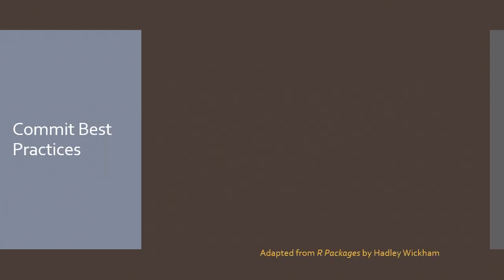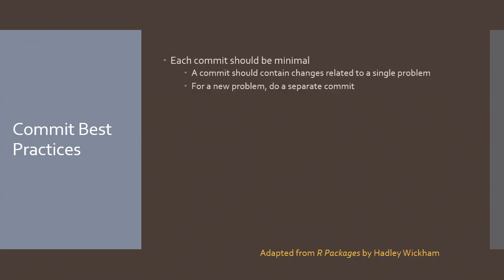Here are some best practices, again from Hadley Wickham, when you make commits. Each commit should be minimal. That is, a commit should contain changes related to a single problem. So I tend to make commits after I create an R notebook, or if that R notebook is a long notebook or a major project that involves multiple functions that I'm writing, I might make a commit after I have each function working.